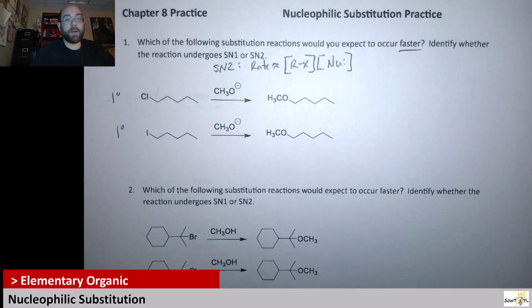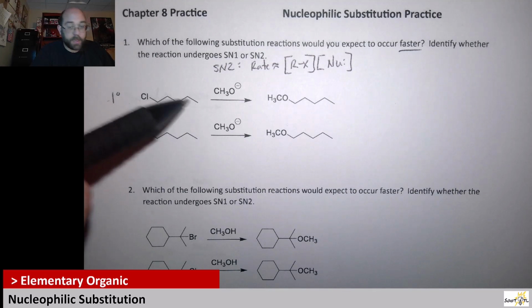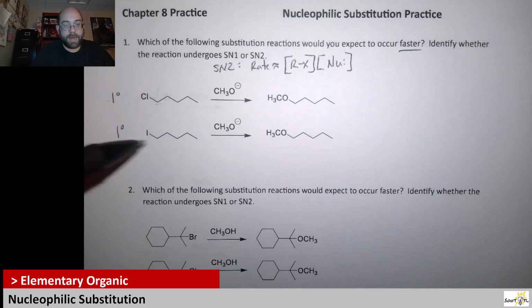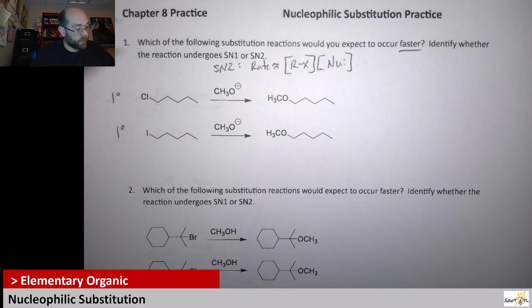So we need to identify which is which, of course. We've already identified our substrate. Here's the alkyl chloride, here's the alkyl iodide, and these two are exactly the same in every way, because they both are a 1, 2, 3, 4, 5 carbon chain, and they're both primary. The only difference is the chlorine versus the iodine.